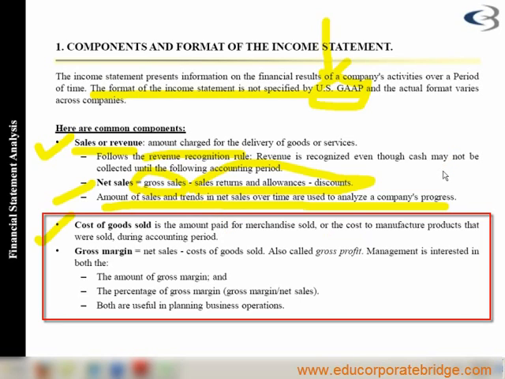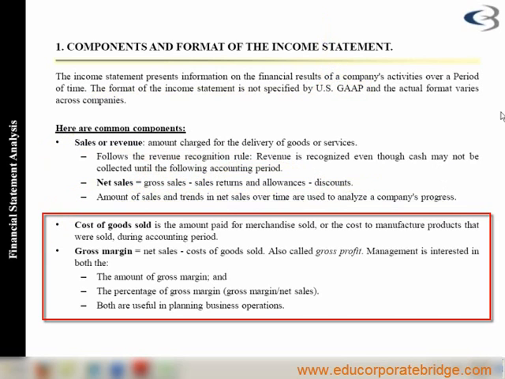That is, if I'm selling a good, there has to be a cost associated with it. So cost of goods sold is the cost of items which have been sold. It's not the cost of the entire production. It's the cost of the goods which have been sold.